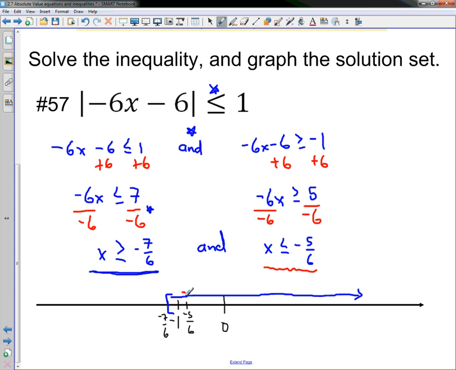So we're at negative 5/6 with a bracket again, less than or equal to. And what we're working with this time is an and statement. So all we're interested in is the part where they overlap, which is going to be this region in between.